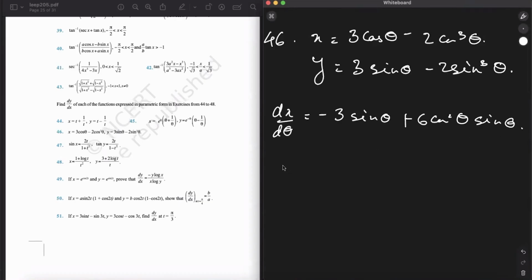Now let's find dy by d theta. So it will be 3 cos theta minus 6 sin square theta cos theta.